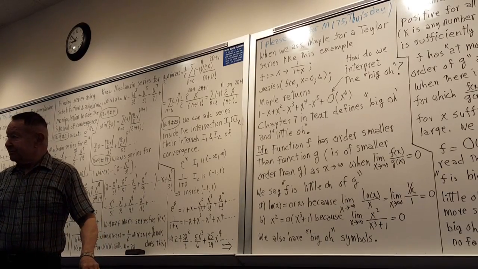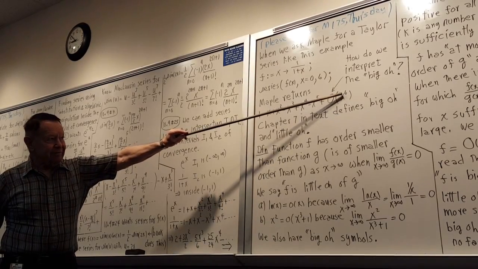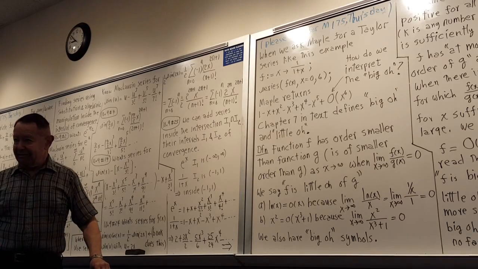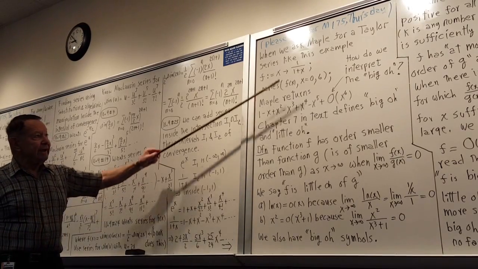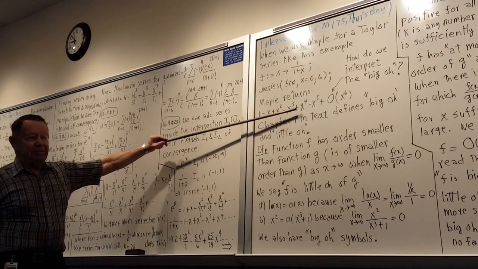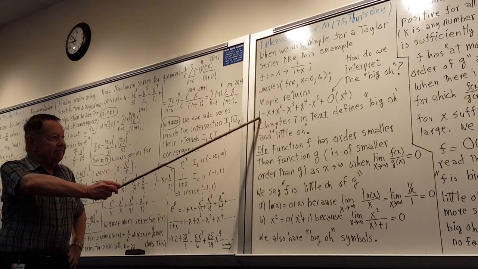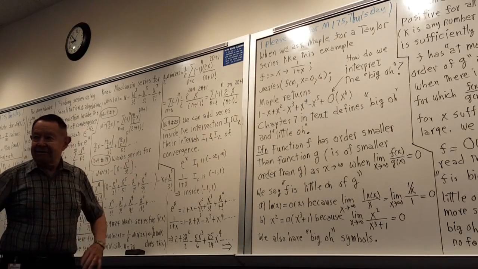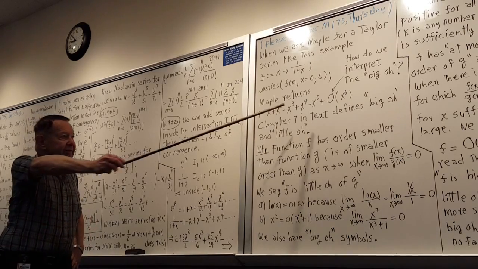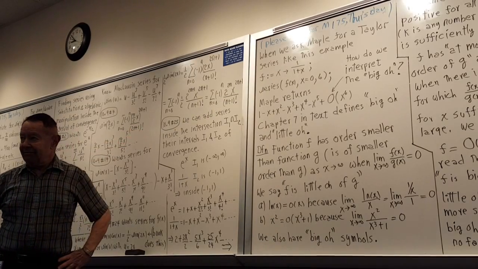So what I'm talking about first this morning is how you interpret this symbol, which relates to the error formula or the remainder formula. If you have a function that's not exactly a polynomial, then the Taylor series, or Maclaurin series in this case, gives you a polynomial and then a remainder, which is to represent the difference between what the polynomial would give you and what the true function value would be.